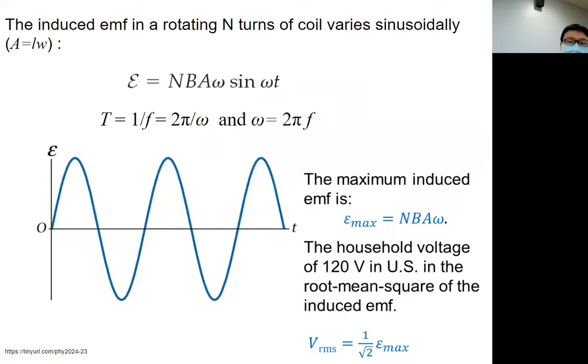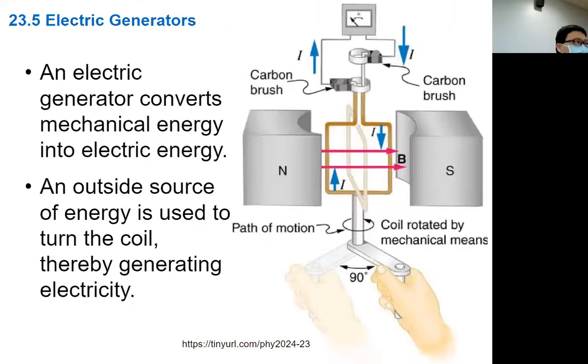The way we do this, going back to the previous figure, is that the mechanical energy will drive the turbine or the coil to move in the presence of a magnetic field. Then the angle the magnetic field makes with the normal direction of the coil changes.